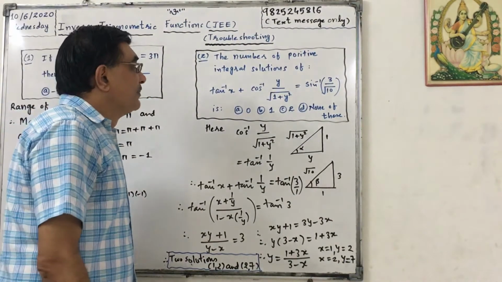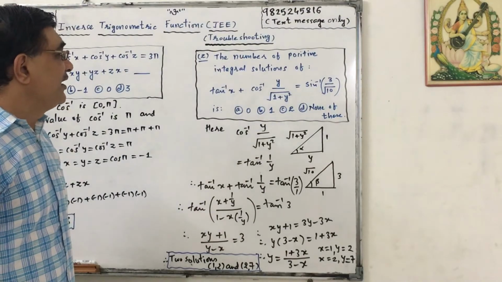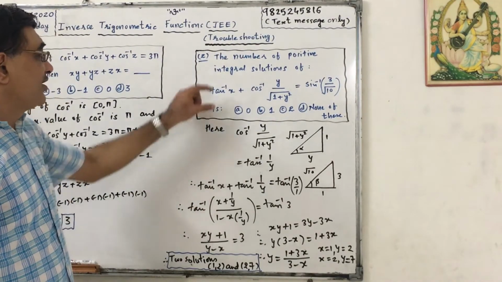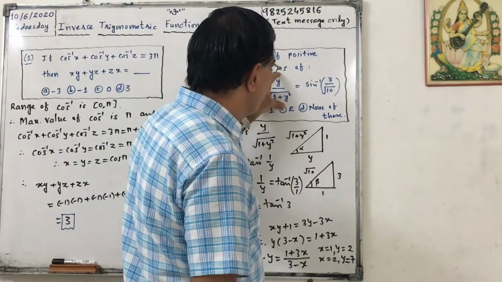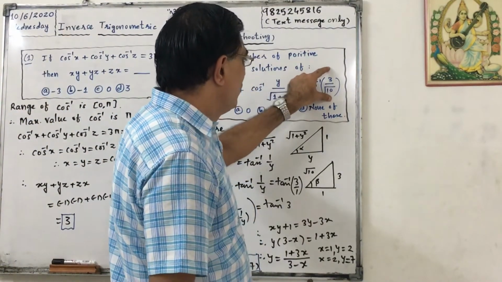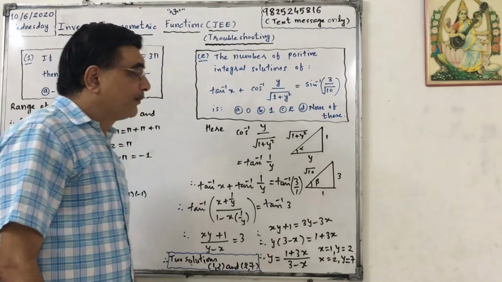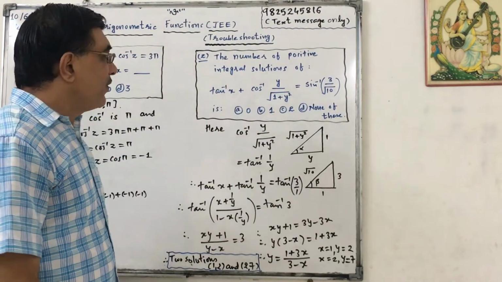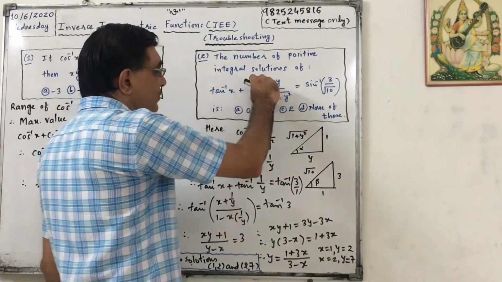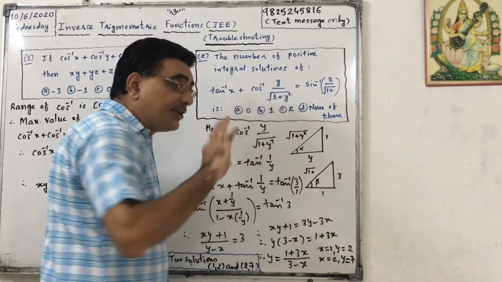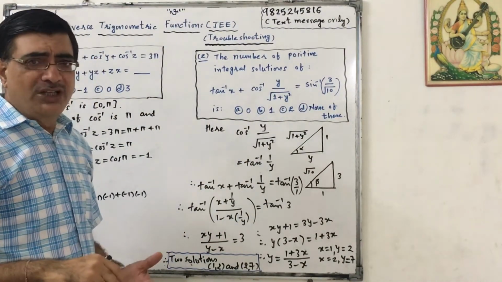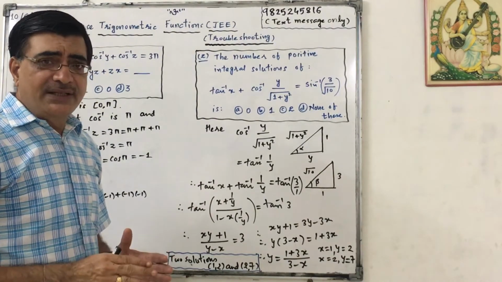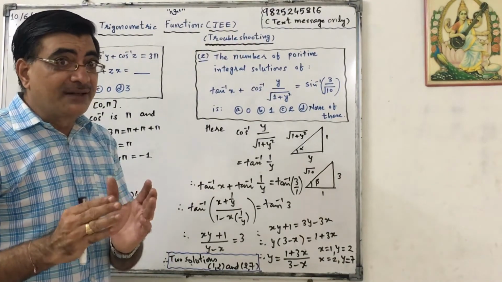Next, the number of positive integral solutions of tan inverse x plus cos inverse of y upon square root of 1 plus y square equals sin inverse of 3 by 10. Choices are given. First of all, let us convert this cos inverse and this sin inverse into tan inverse. For that we can use formulae, but the easy method is to prepare a right angle triangle.